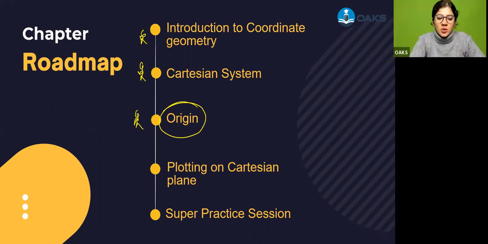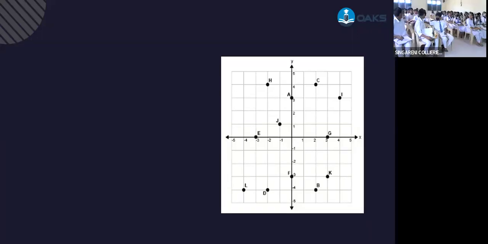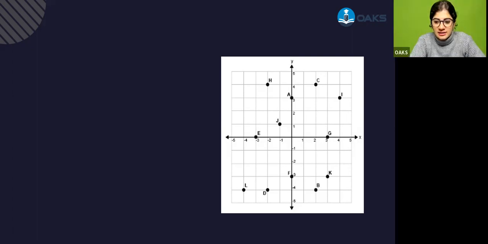Okay. So let's move. And what do we have here? We have a question. So I'll be calling from school 1, boy number 2, 2. Kindly come in front. This is just a revision from the previous class. Okay.